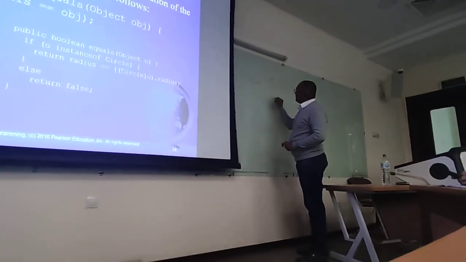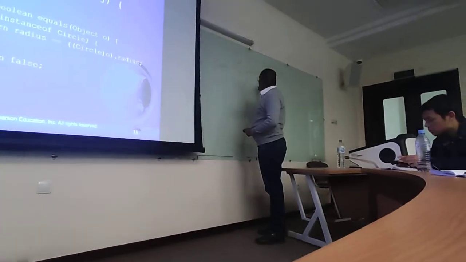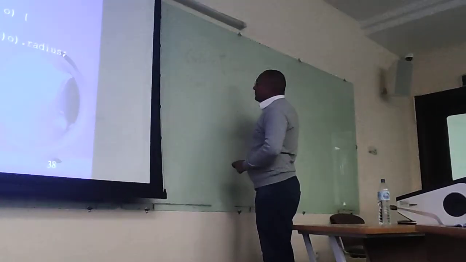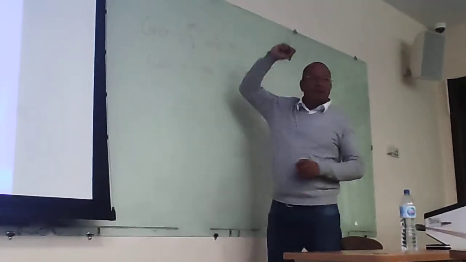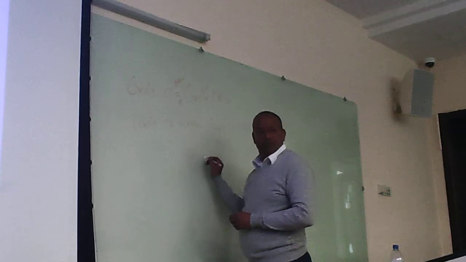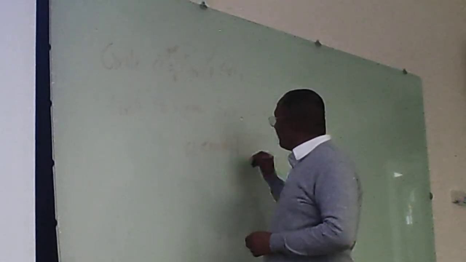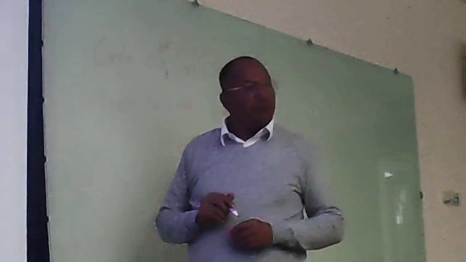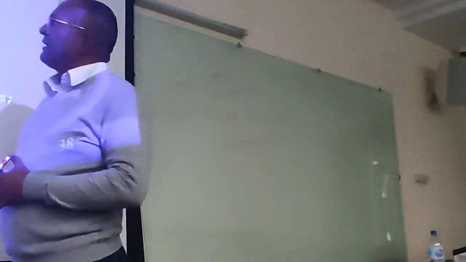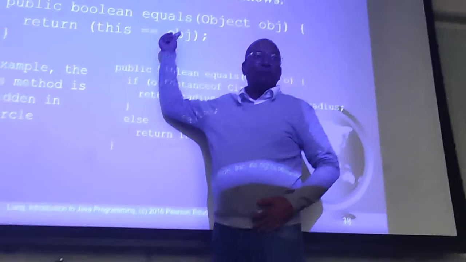Circle c2 = new Circle(20). So what is the radius of this circle? What is the radius of this circle? Attribute values are different. And if you compare c1.equals(c2), the result is what? True or false? False. Have you clear now this? So this is an implementation of this.